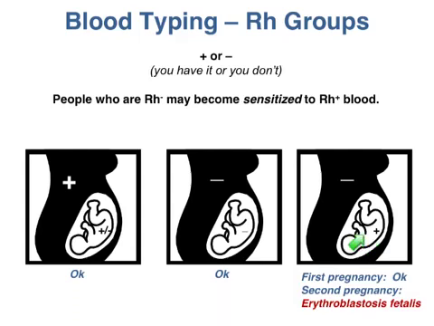So if you get pregnant again, you're going to have antibodies in your blood that will attack the blood of your second child, if your second child is also Rh positive, right? And that leads to a condition called erythroblastosis fetalis.